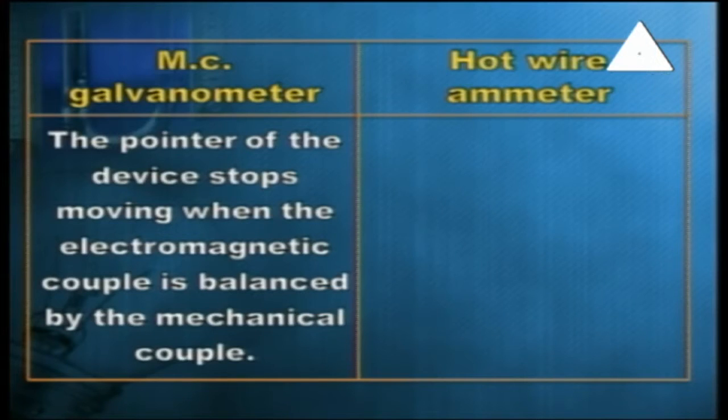When using the moving coil galvanometer to measure a current, the pointer of the moving coil stops moving when the electromagnetic couple is balanced by the mechanical couple produced by hair coils.